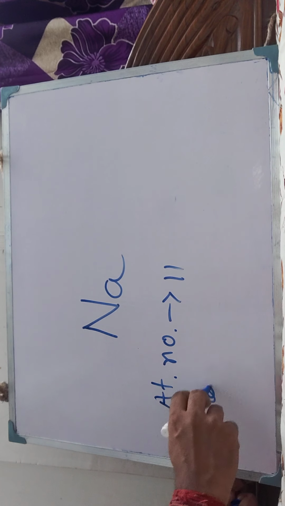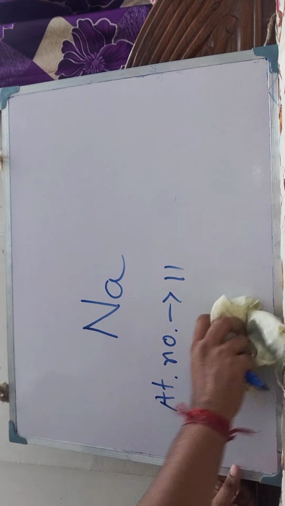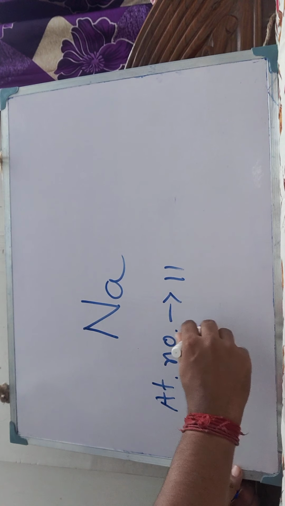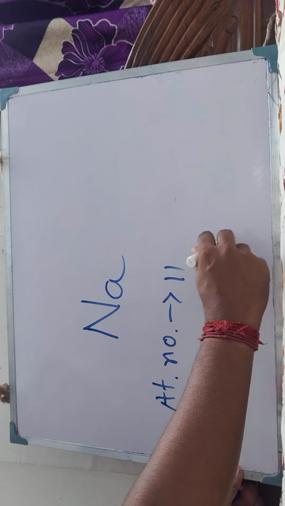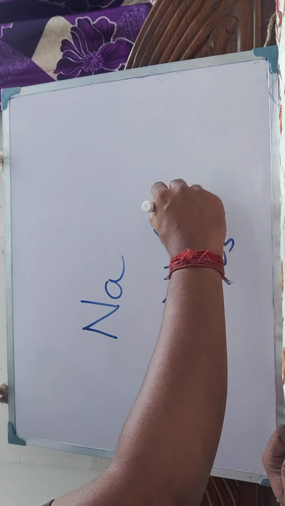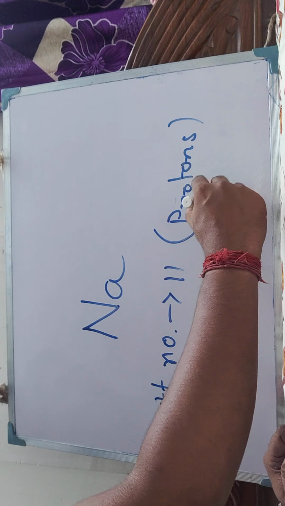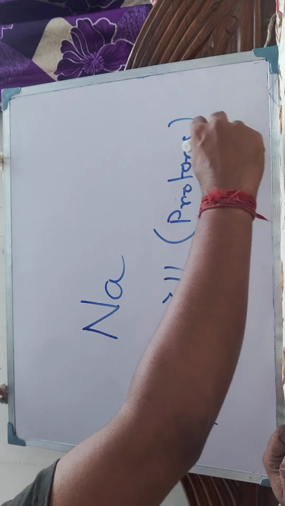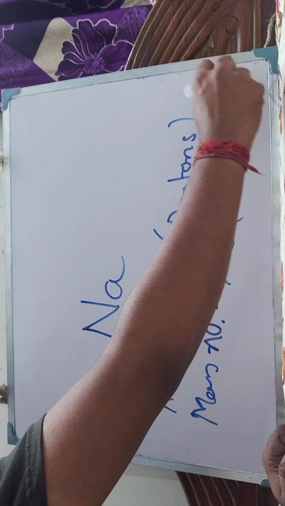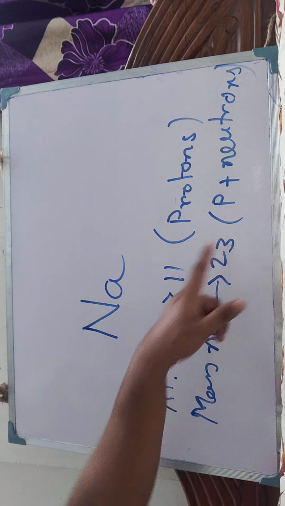The mass number of sodium is 23. What is atomic number? Atomic number is the number of protons. And what is mass number? It is protons plus neutrons. So if you are asked what is the number of neutrons present in sodium, you just need to subtract this value from this value.